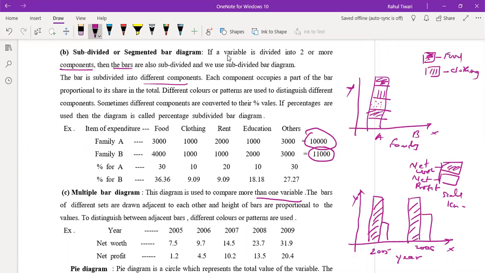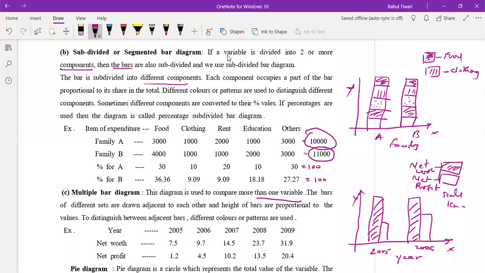But if you take actual numbers, they can vary. Do you see it here? It can vary. But if I convert the data into percentage, then A will also become 100 and B will also become 100. So your bar here will be the same. This is the difference between a percentage bar diagram and your actual data. So always remember, in a subdivided bar diagram you have the total given, meaning you are sharing your food, clothing, rent from the total.